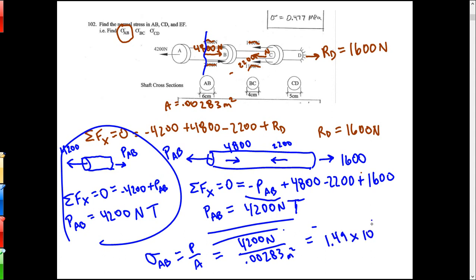All right, so what I do with this stuff is I keep everything in newtons and everything in meters, and then I just convert that into units when I'm done. So when I use newtons and meters squared there, I get 1.49 times 10 to the 6 newtons per meter squared. So that's megapascals. And it's positive, you know, it's tension.